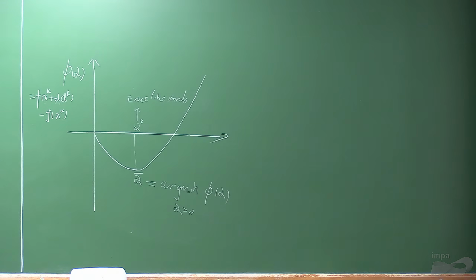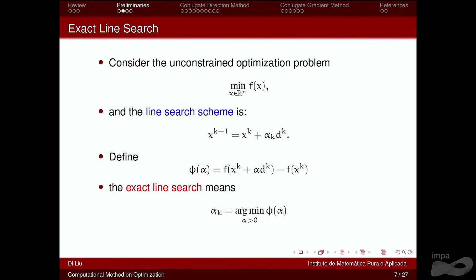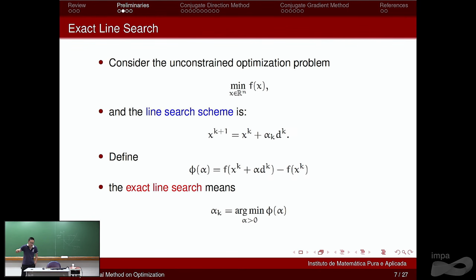Actually, there are several ways to implement the exact line search, but it is not very practical because it requires a lot of computation of the function values. In some sense it is very expensive, but on the other hand, it is very useful for the convergence analysis to get some theoretical results.